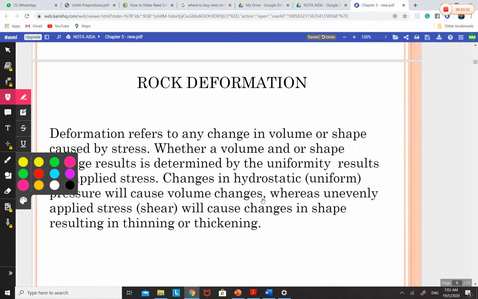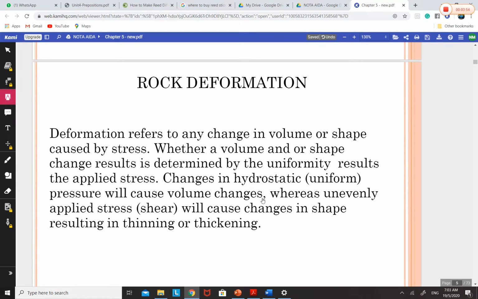So what is deformation? It refers to any change in volume or shape caused by stress. Whether by uniform stress or differential stress, it will cause changes to the rock, whether in volume or in shape.